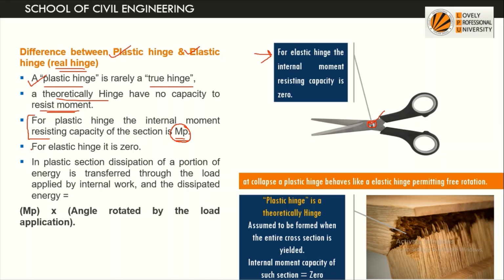But for an elastic hinge, the moment resisting capacity is 0. This is a very weird example, but it helps the students to visualize that all these are similar to fibers. When the entire cross section is yielded, that means stressed to Fy, internal moment capacity of such a section will be 0, and it is free to rotate like a scissor or elastic hinge.